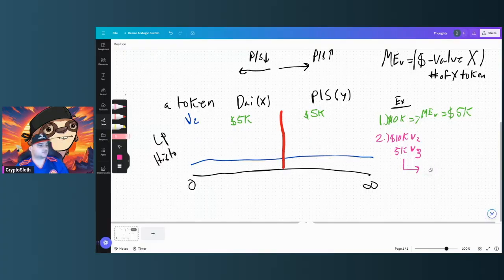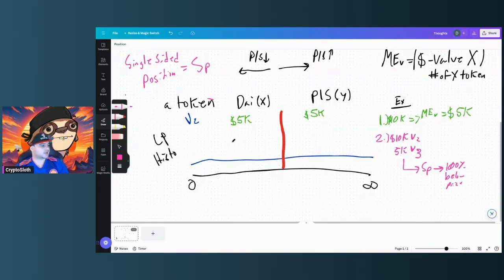what's a better way of saying this? A single-sided position. So I'm going to do single-sided position equals SP. Okay. So 5K V3 is in a single-sided position, and that position is 100% below price.